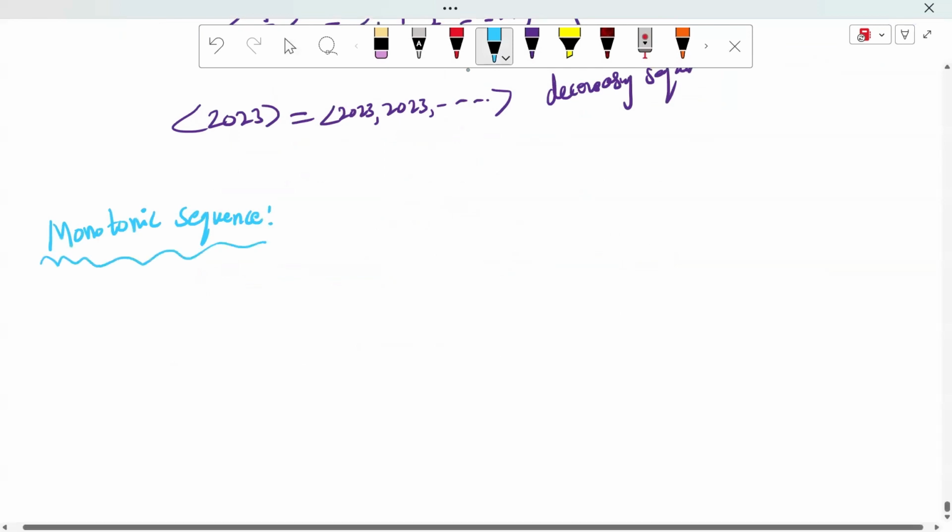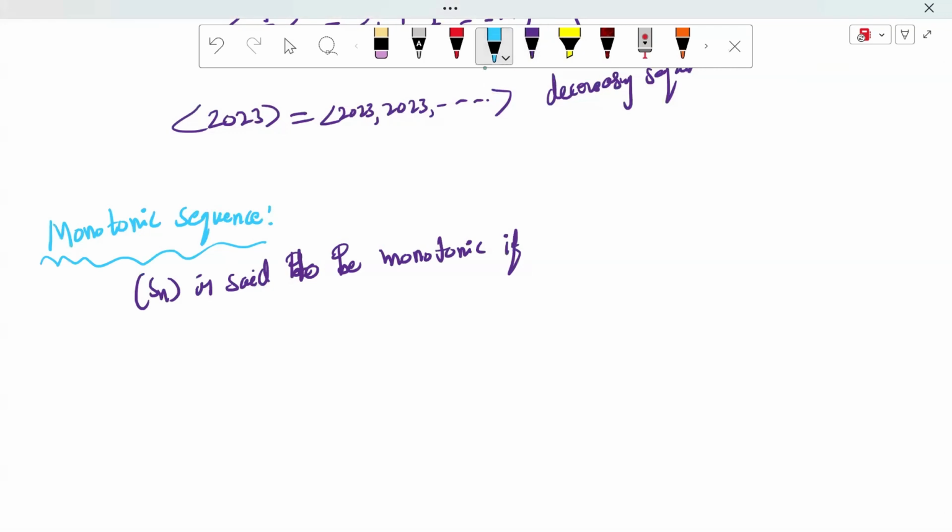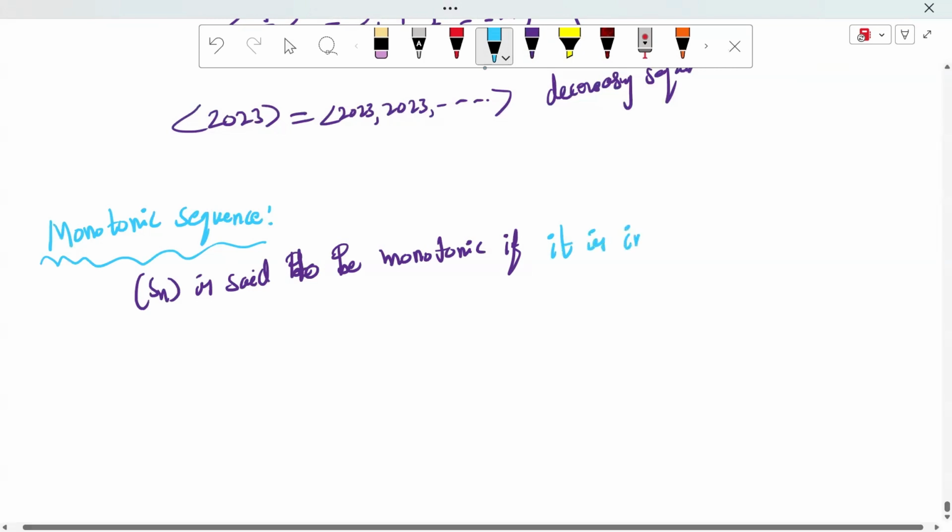A sequence Sn is said to be monotonic if it is monotonically increasing or decreasing. Therefore, it is called a monotonic sequence.